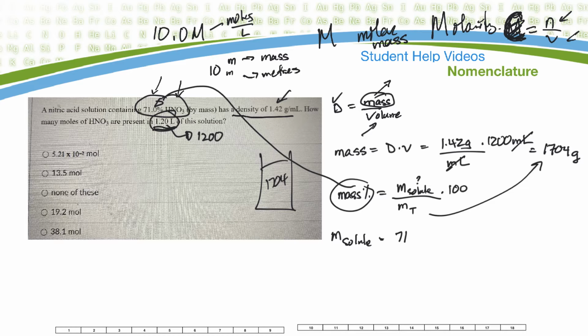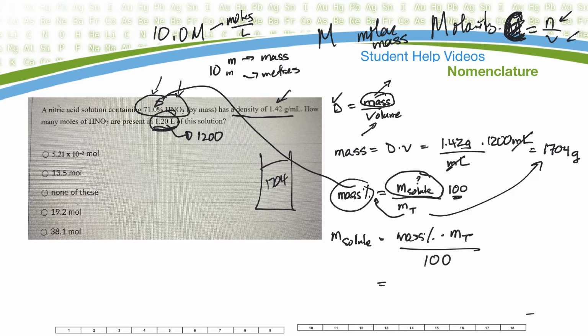So the mass of the solute is equal to, maybe I should just rearrange that formula properly first. So it's mass of the solute, this is what I'm looking for, is equal to the mass percent, and then this has to go to that side, so it'll go on the top, times the mass total, and then the 100 goes to the other side, but it has to go on the bottom. So divided by 100.